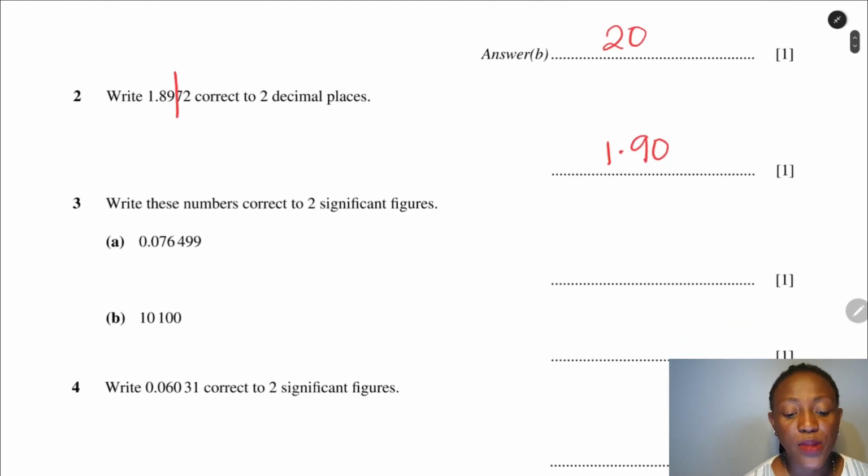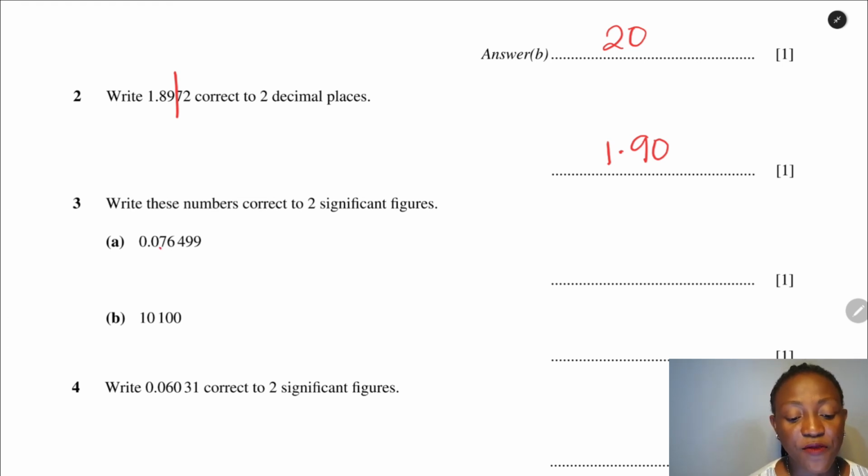Now, write these numbers correct to 2 significant figures. When we talk about significant figures, our very first significant figure in any number is the first non-zero digit. Let me repeat that. Our first significant figure is our first non-zero digit. So in this particular number, we have 0.076499. The first non-zero digit here is 7.